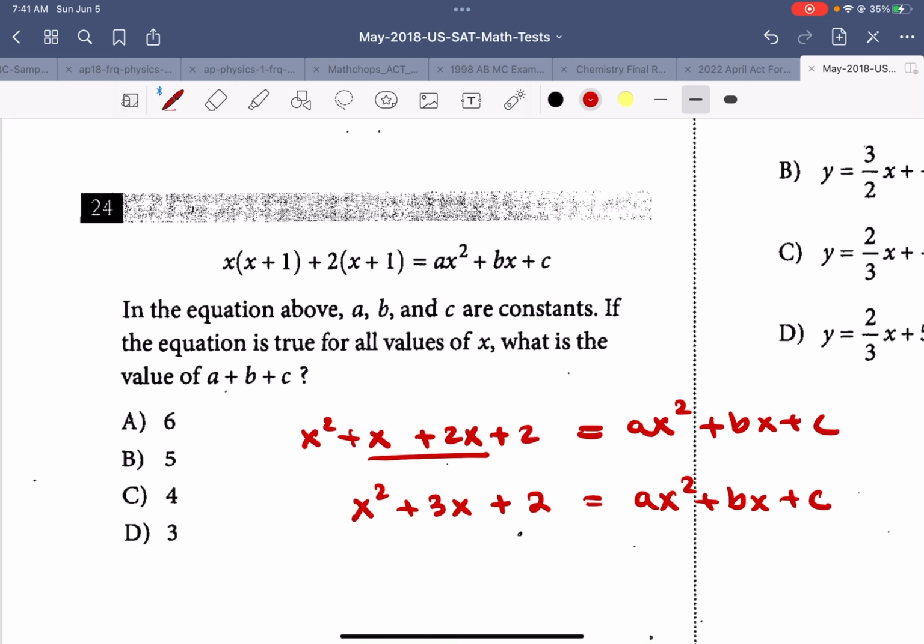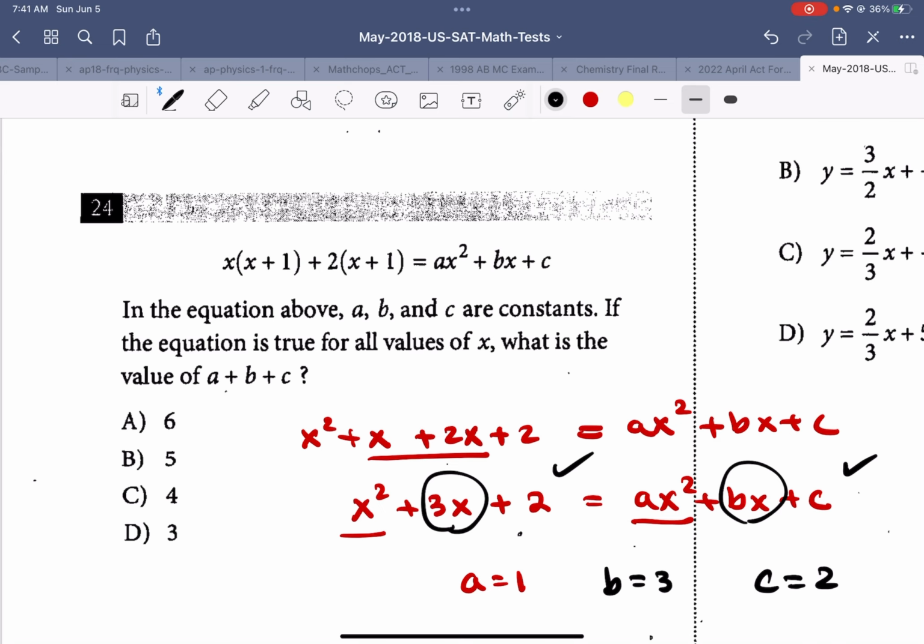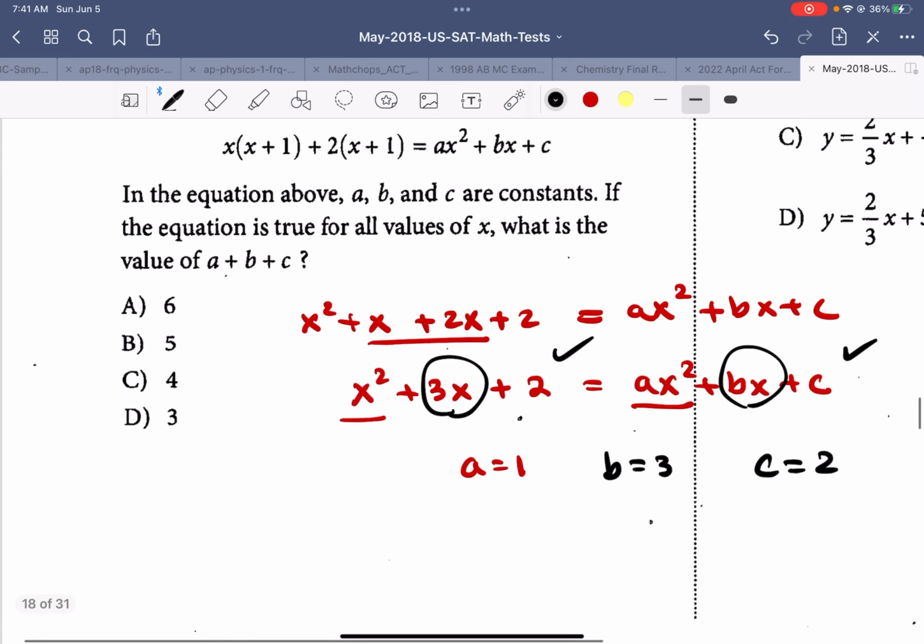So you compare x squared term to x squared term, a is 1. This one is the x term, so b is 3. And this one, c is 2. That's how I find out those unknown constants. We call it an equivalent equation, or you can say identical equation. So they ask what is a plus b plus c. So the answer has to be A.